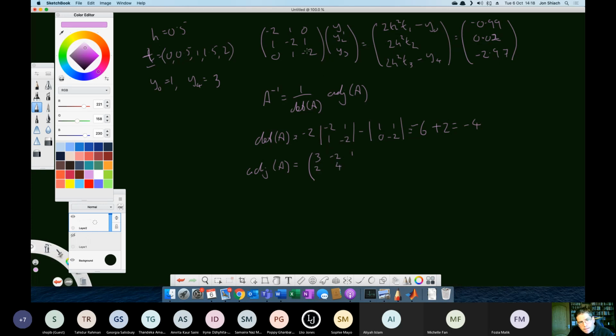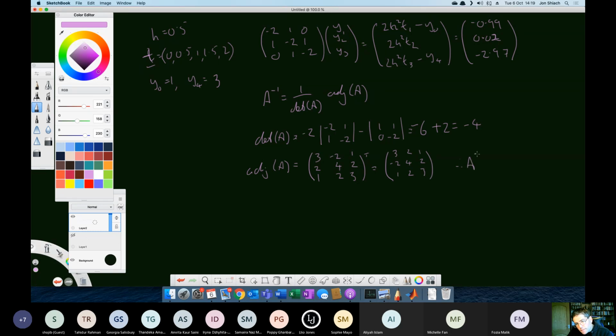Then 4, and minus 2 times 1 is minus 2, but change the sign, so 2. We got 1 minus 2, so that's plus 2, and 4 minus 1 is 3. And that's before the transpose. I always seem to forget to do the transpose. So transposing, we have 3, 2, 1, minus 2, 4, 2, and 1, 2, 3.